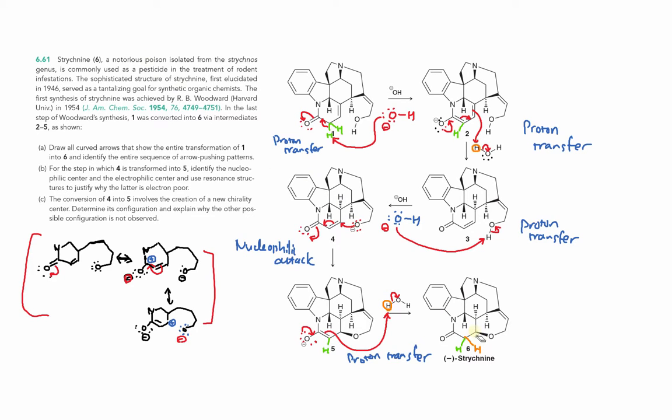And when you have a wedge, then you also have to have the dash. There's an implied hydrogen over there. So this is like a review of last chapter, which dealt with stereochemistry.